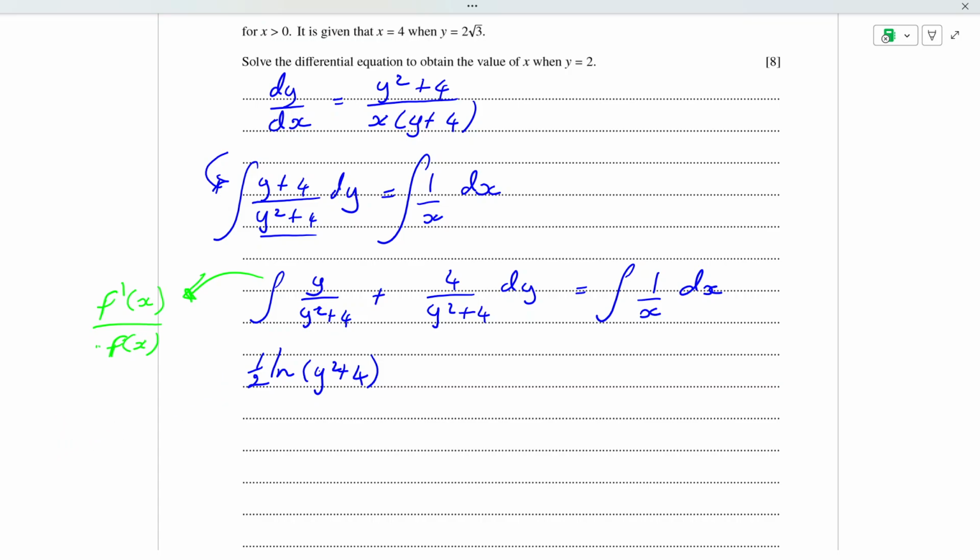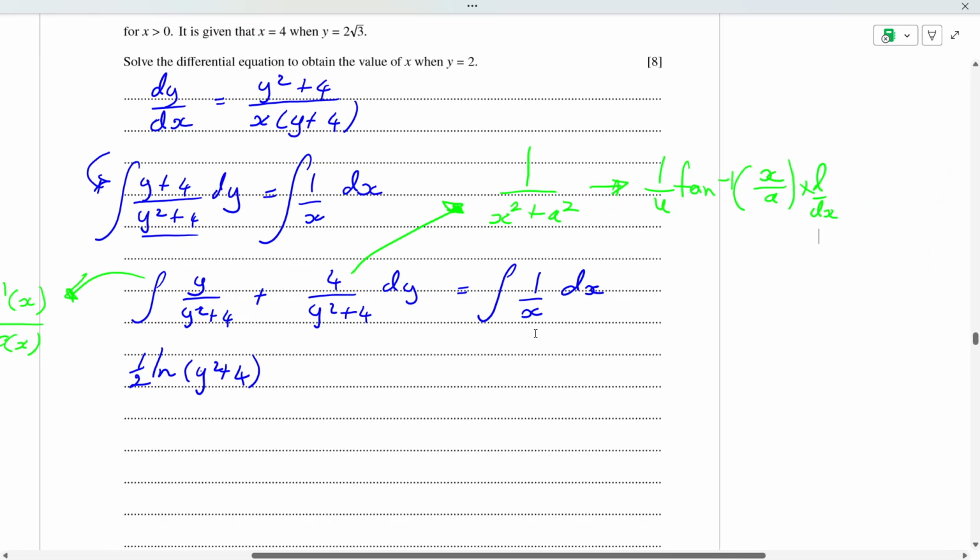Now this part here is the integration of the type of function 1 over x squared plus a squared. It's equal to 1 over a tan inverse of x over a, multiplied by the derivative of the function x, in this case.